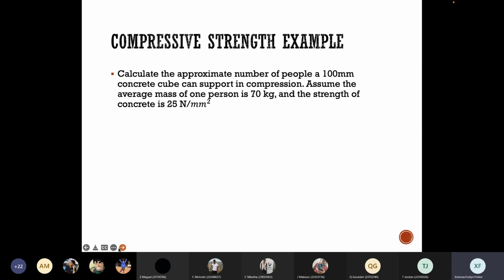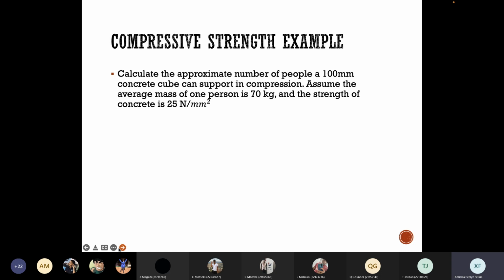They just tell you to calculate the approximate number of people a 100 millimeter cube of concrete can support in compression, when you're assuming the average mass of one person is 70 kilograms and the strength of concrete is 25 newtons per millimeter squared.